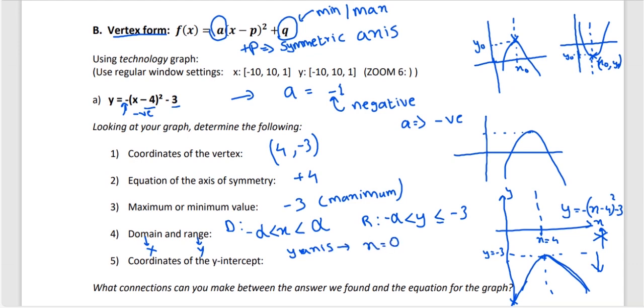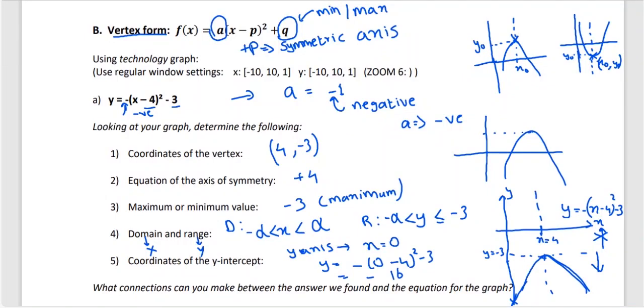So if we input x equal to 0, we will get the intersection point on the y-axis. Inputting x as 0, we get negative (0 minus 4) squared minus 3. The square of 4 is positive 16, and with the negative sign that is negative 16.